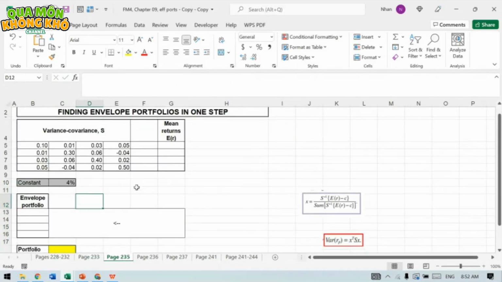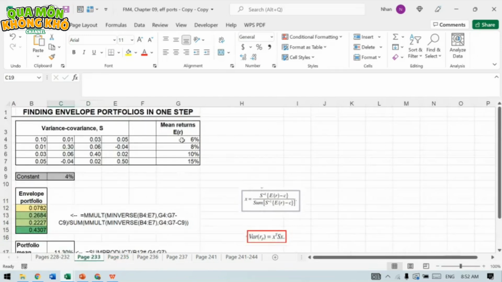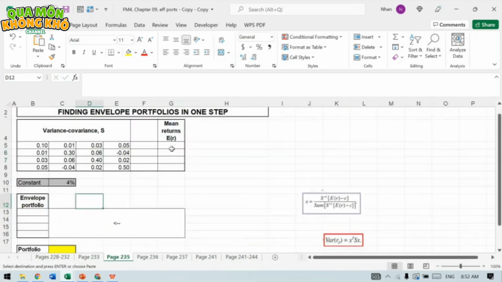So for this one, I just introduce to you how we use the cell box name. I don't know why it doesn't have the expected return here. We just use cell box name to make it easier and clearer for you when you use the formula.